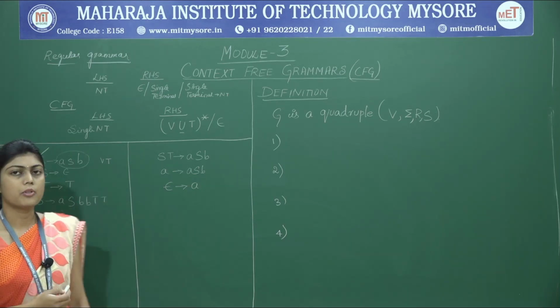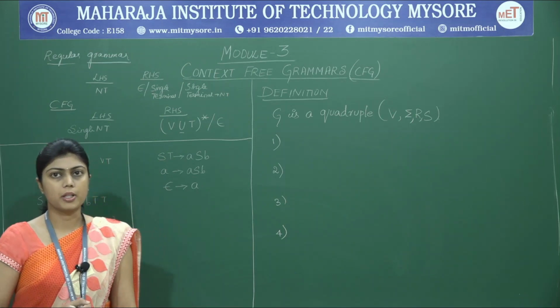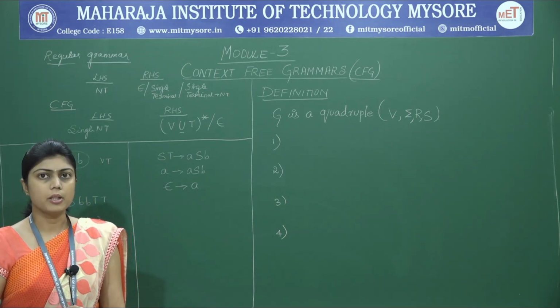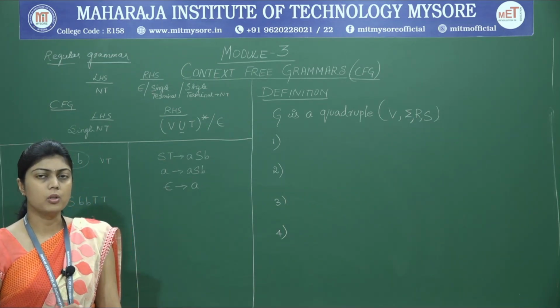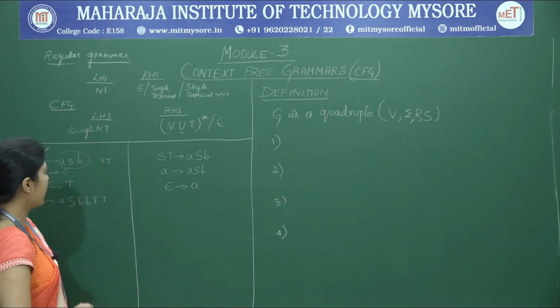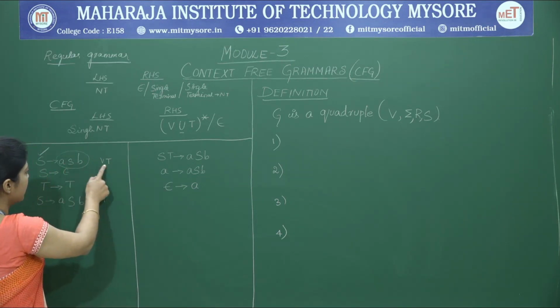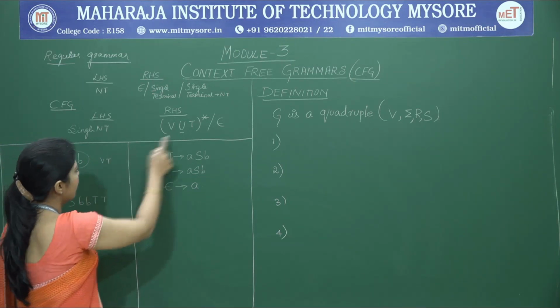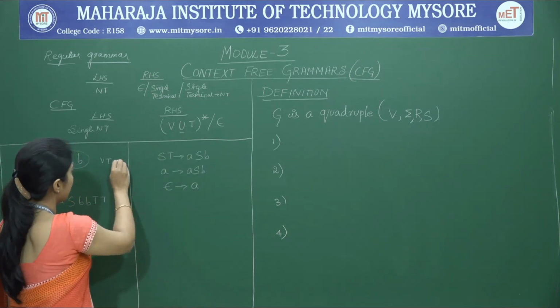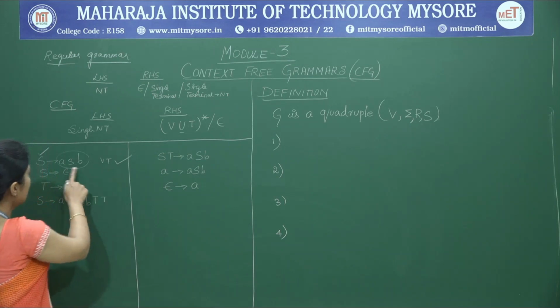If you remember from the previous classes, a variable is always represented by an uppercase alphabet and a terminal by a lowercase alphabet. So it is a combination of variable and terminal, capital S, A and B. Since a combination of V and T is allowed on the RHS, this is a valid CFG rule.